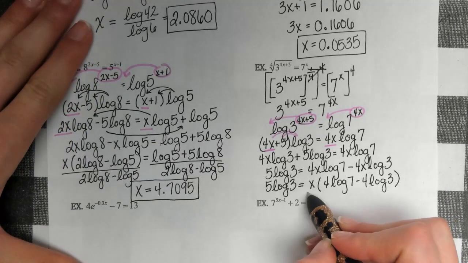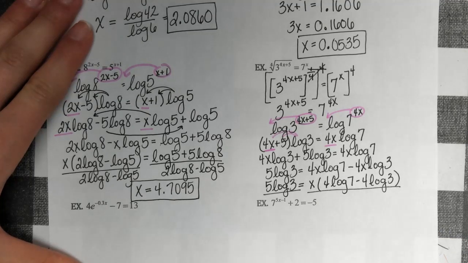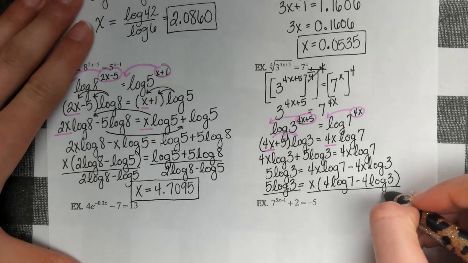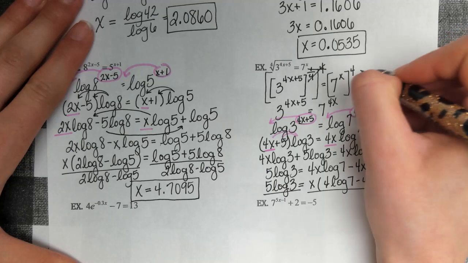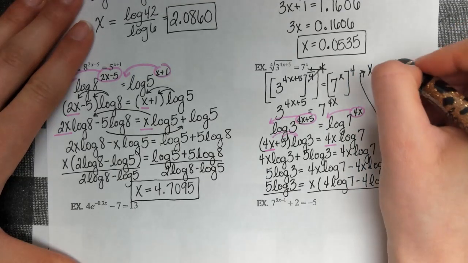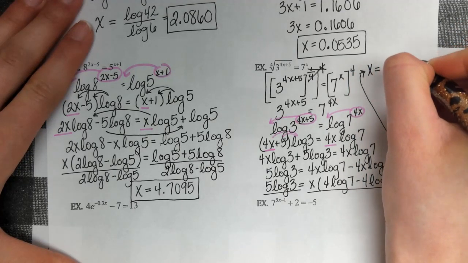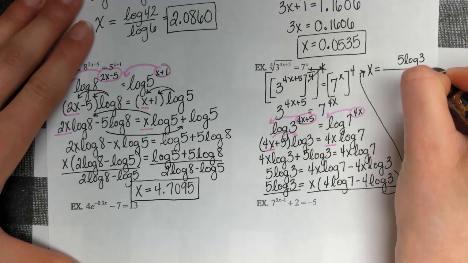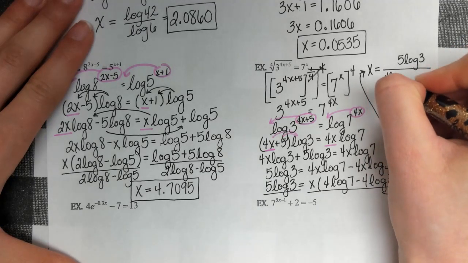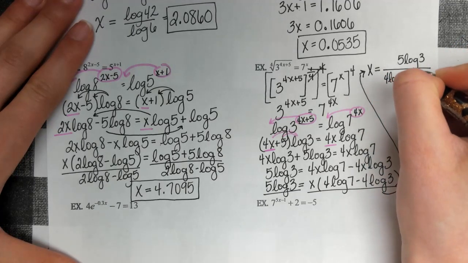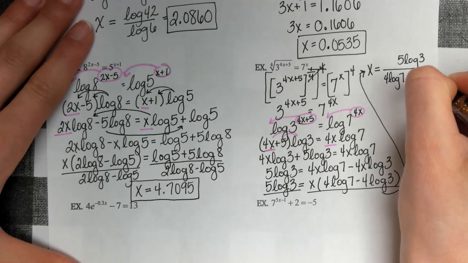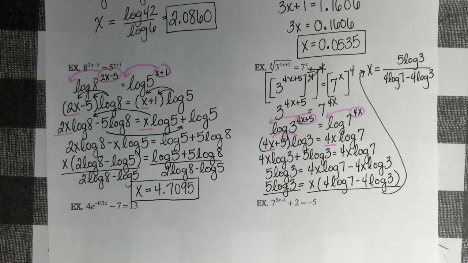So now we divide. I'm running out of room, but we divide both sides. I'm going to bring it up here. X is equal to 5 log of 3 divided by my 4 log 7 minus 4 log 3. And see what you get in your calculator.